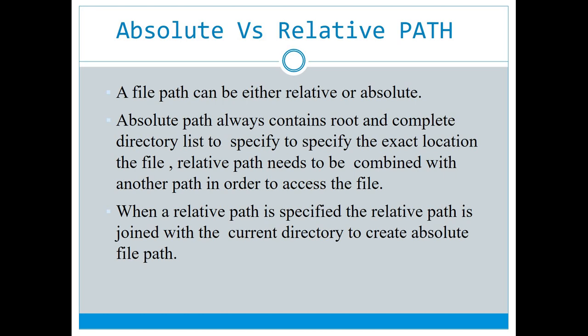If we provide the path as only the file name, which will be searched in the current working directory, or only the subfolder name and the file name, then that is treated as a relative path.